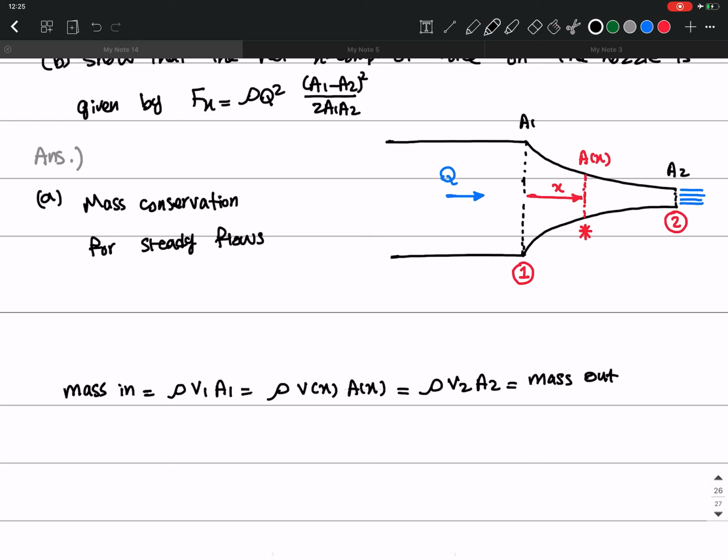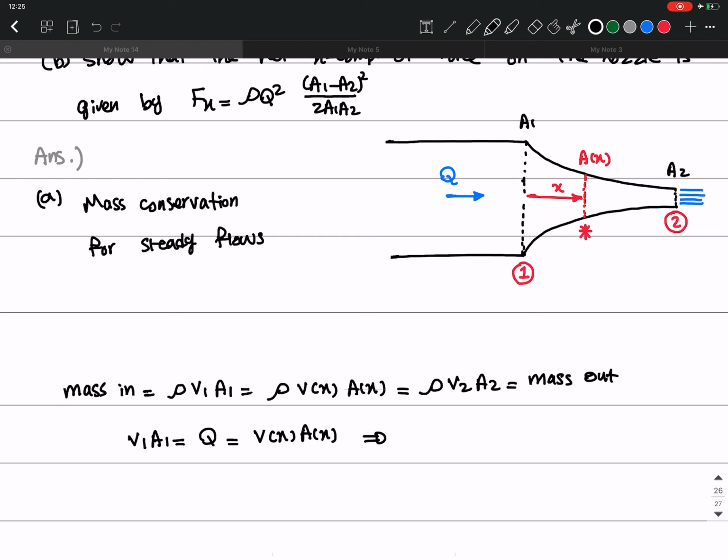And because density is constant here, for example for water, I can say that V1 A1 equals the volume flow rate Q, which is constant, equals Vx Ax.